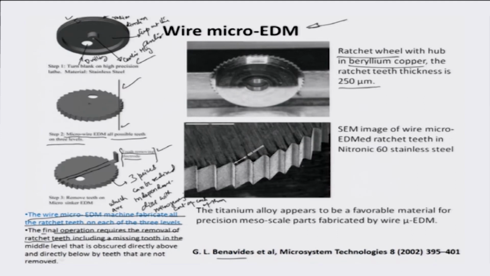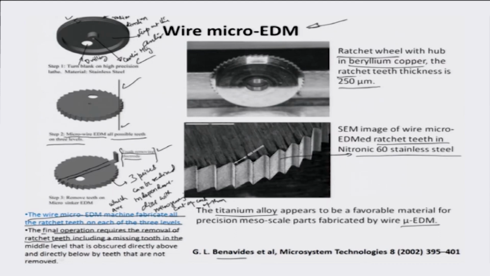This shows a detailed SEM image of the wire micro EDM ratchet teeth structure in nitronic 60 stainless steel. They have also done it for titanium alloys, and seen that the process is quite favorable for machining titanium alloys by micro wire EDM. So, this is a very highly capable process for doing these micro features and structures.